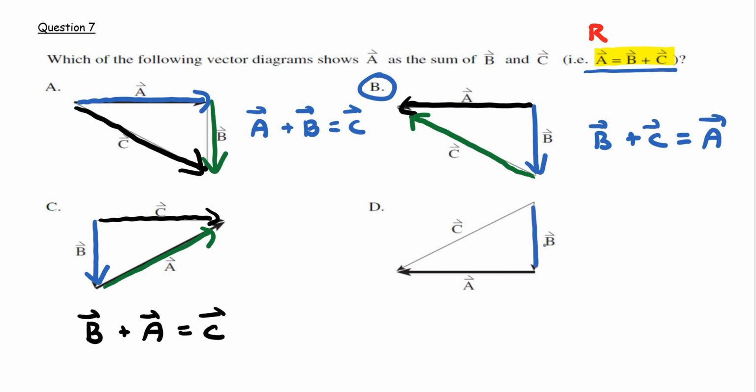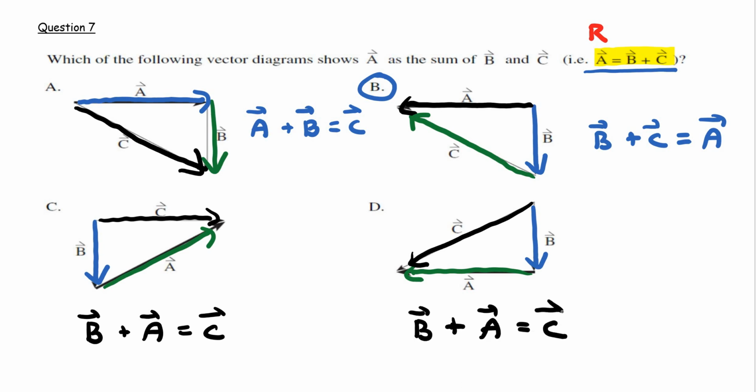So we have vector B going in the downwards direction, and then we're adding vector A, and it looks like vector C is the resultant vector here. So for option D, it's actually vector B plus vector A gives you the resultant vector, which is vector C. Okay, so that's how you break down every single one of those options, and from those options, option B satisfies the condition that we're looking for right there.